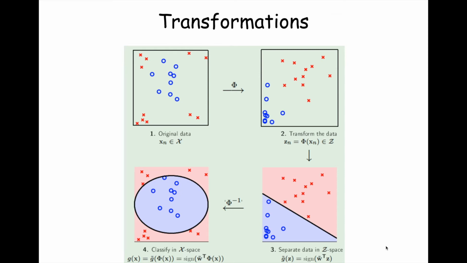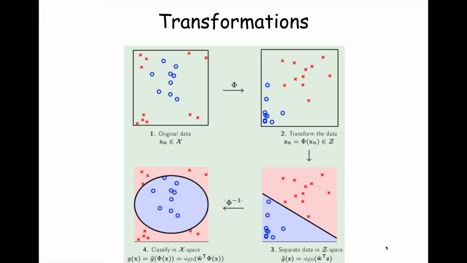And so in that third frame, you choose a weight vector, and that weight vector is called w tilde. And the reason why it's called w tilde is to represent the fact that this is the transformed feature space in which you're learning a linear model.